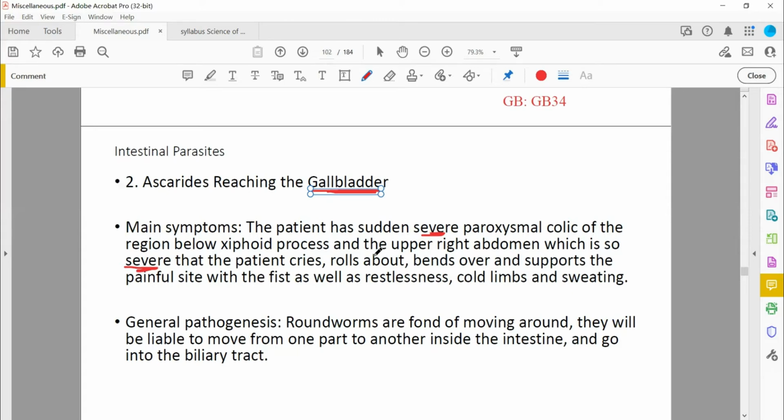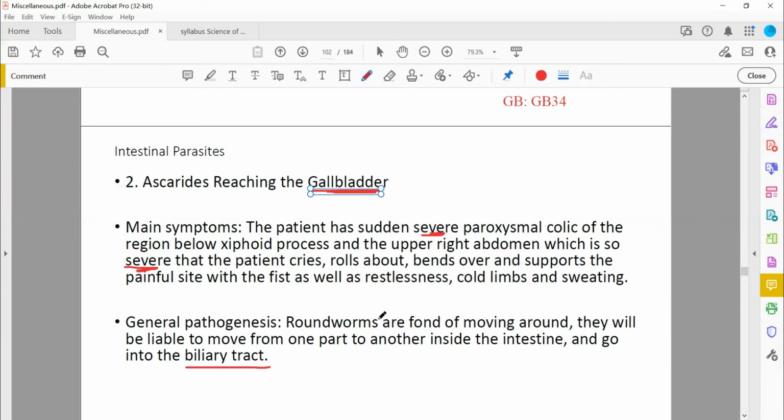Right, so for this one, the roundworms are fond of moving around. They are liable to move from one part to another inside the intestine and go into the biliary tract. Biliary tract, that's the gallbladder tract. So think about it, there are parasites there.